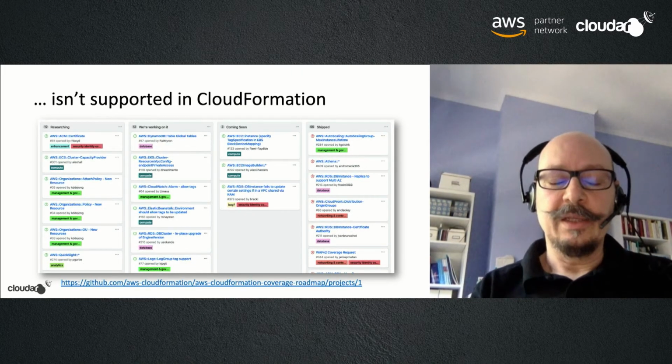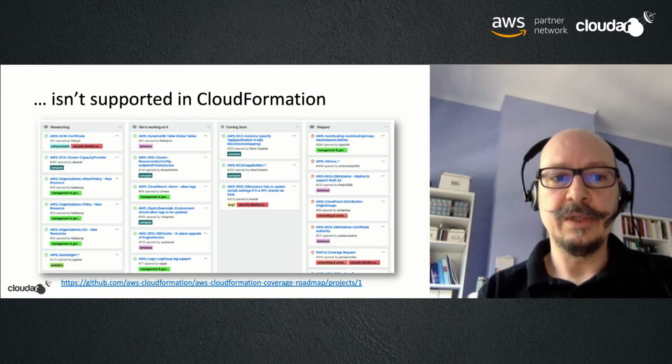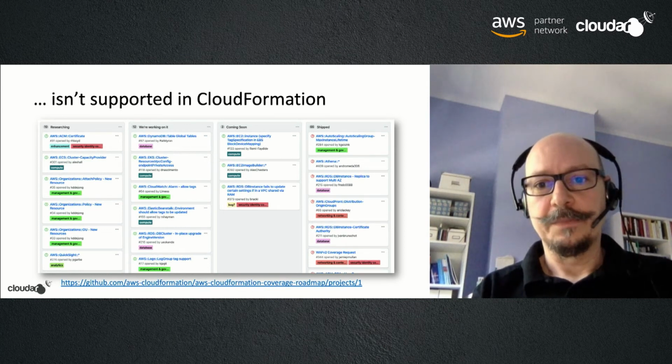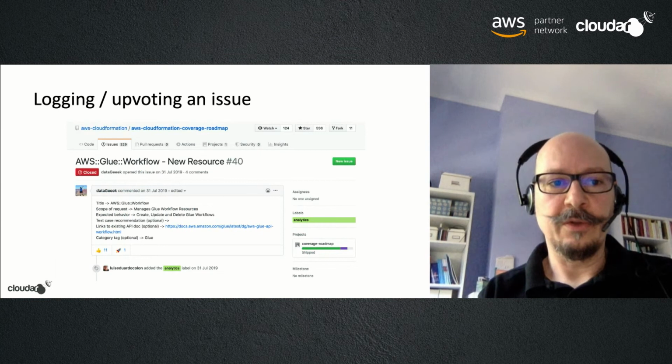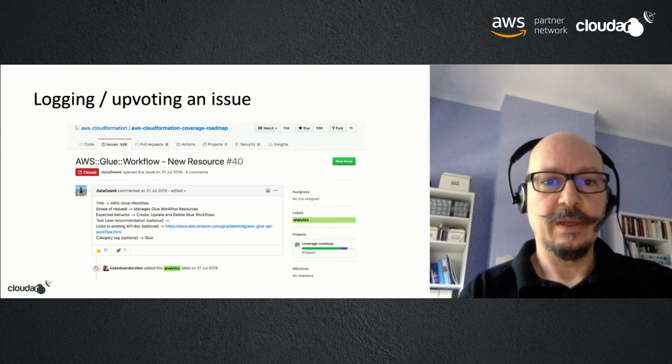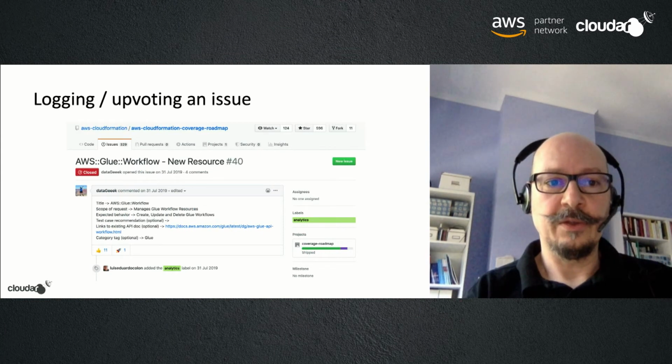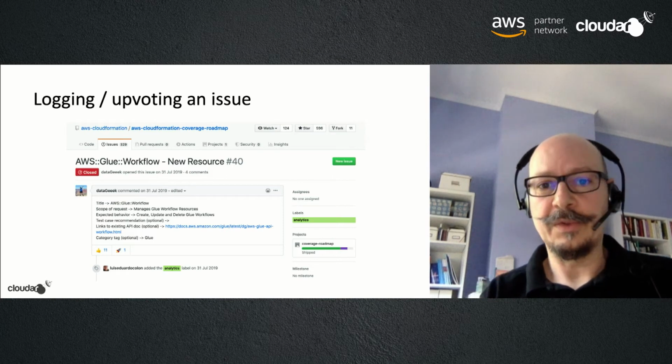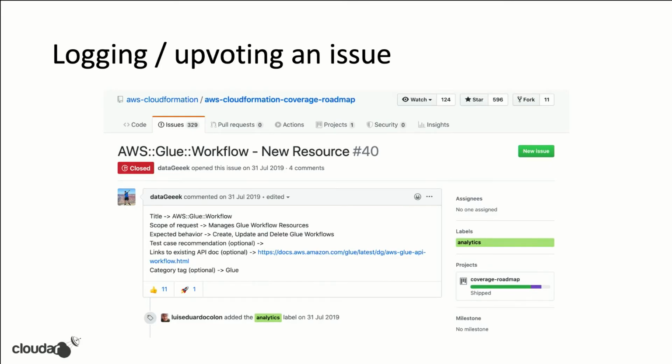And if the feature that you're looking for is not there, of course, feel free to create a new ticket to document the resource that you're looking for. I took this example where someone was looking for support for the Glue workflow, which has now been shipped.